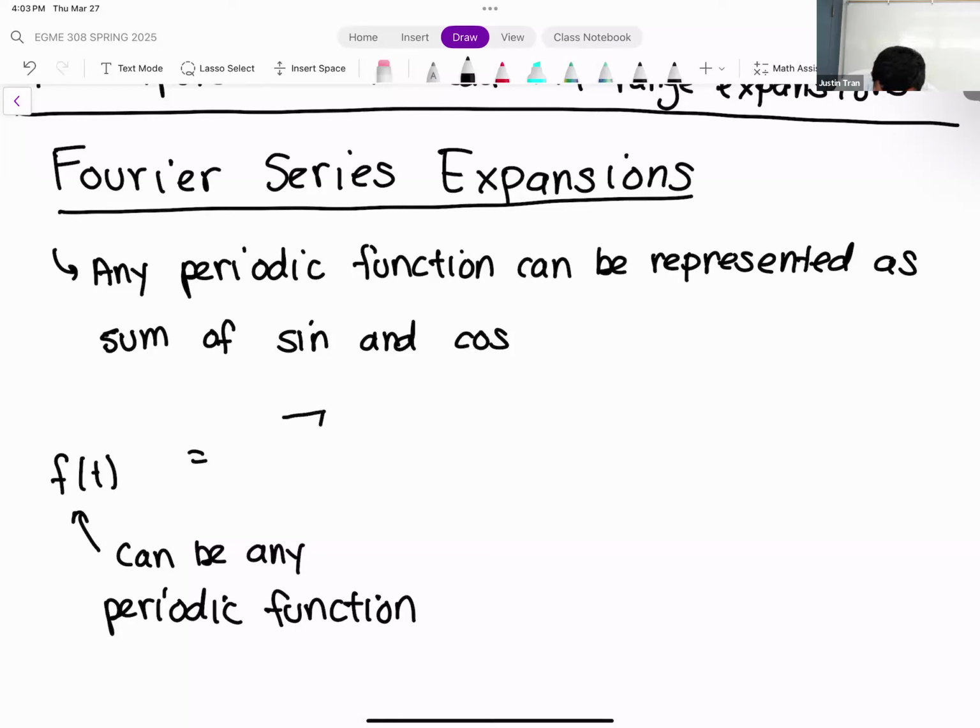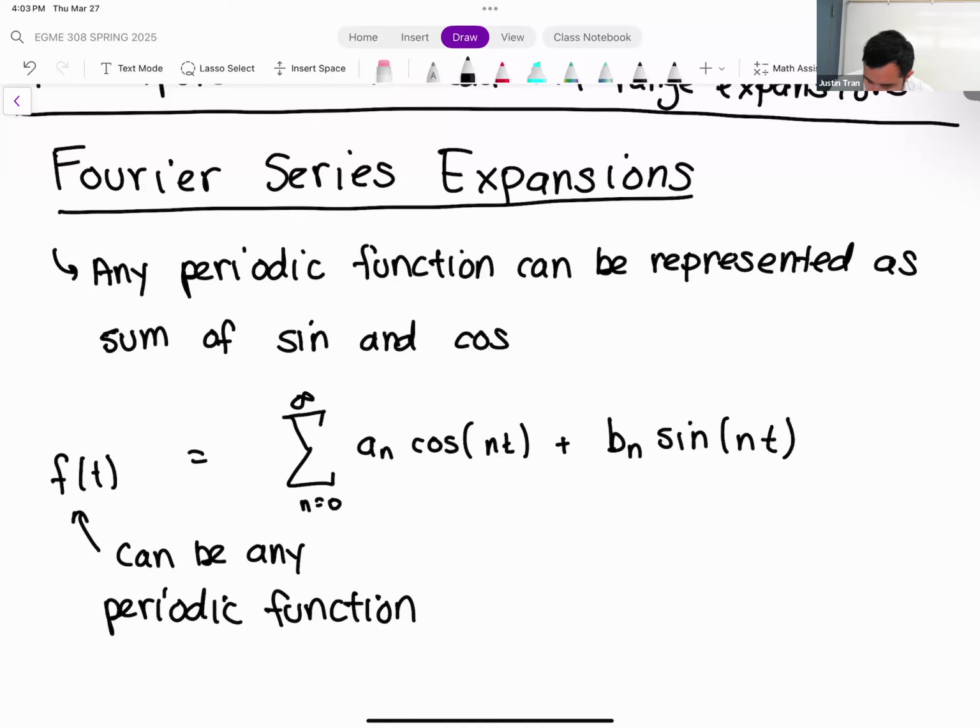So we have the summation, n equal to 0 to infinity. If you've never seen the symbol, it just means that we're going to add together everything in its argument. We have a_n cosine of nt plus b_n sine of nt.